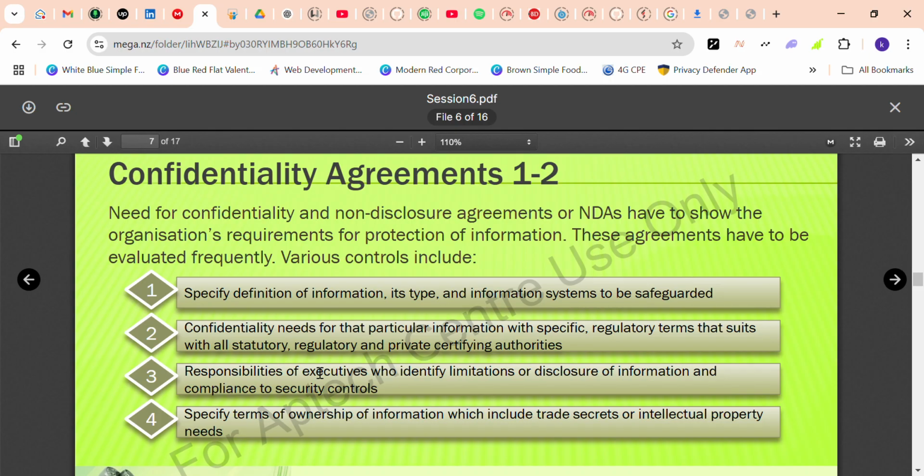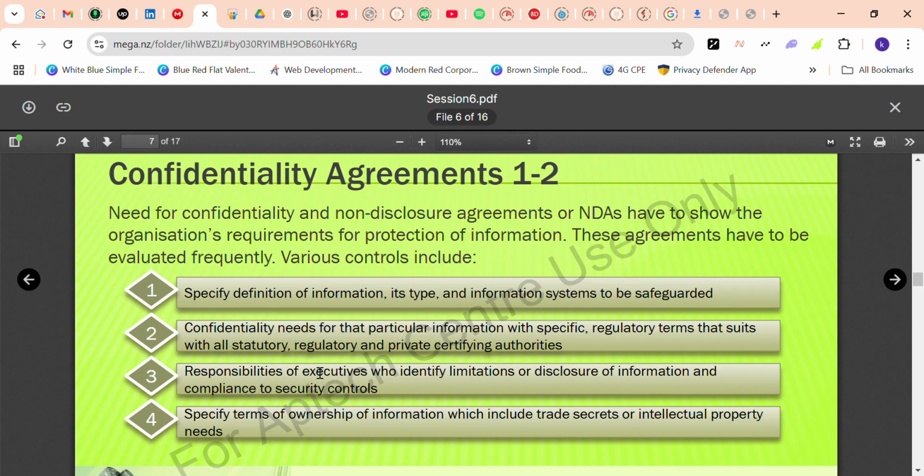The controls include, one, a specified definition of the information, the type of information and information systems to be safeguarded, the type of devices or assets to be safeguarded, and number two, confidentiality needs for that particular information with specific terms that suit statutory, regulatory, and private or certifying authority requirements. This also has to be put in place.